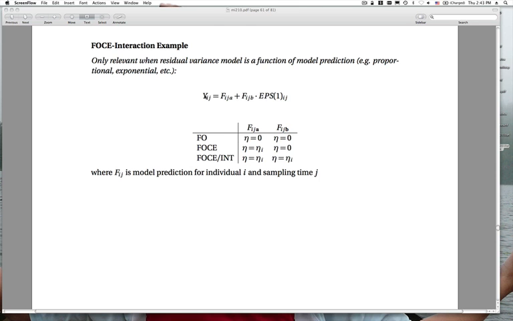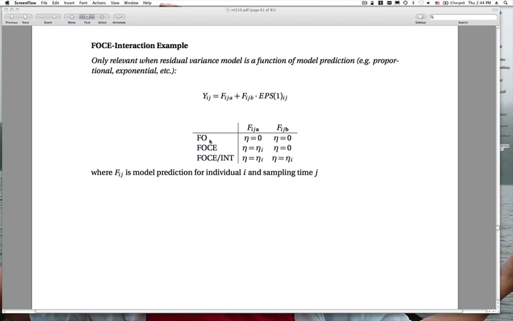So here's an example of a proportional residual error. I've got the observed data equal to the predicted plus a proportional residual variability. Now I specifically have denoted this first term as Fij sub A and the second one as Fij sub B. That's because they play a different role with respect to random effects according to these different methods.